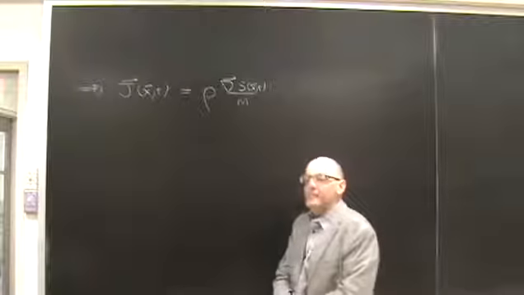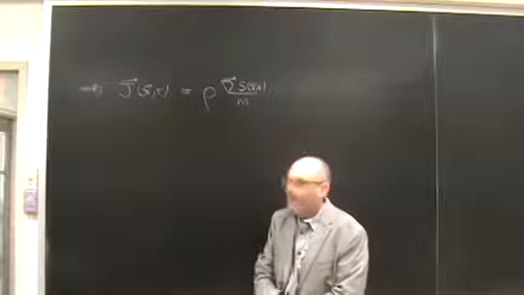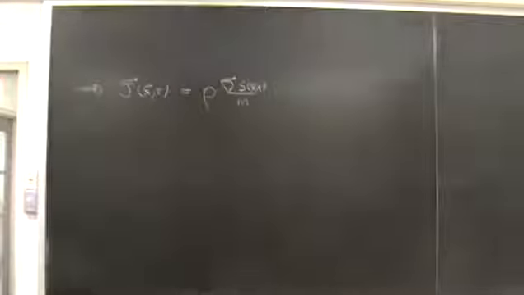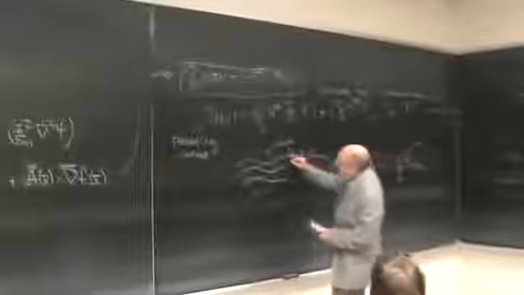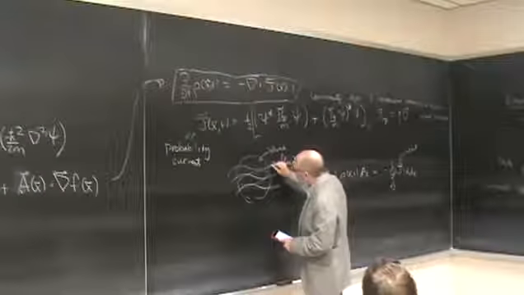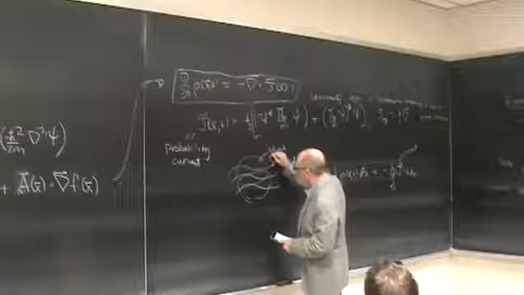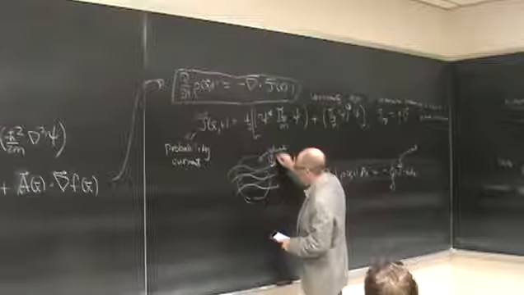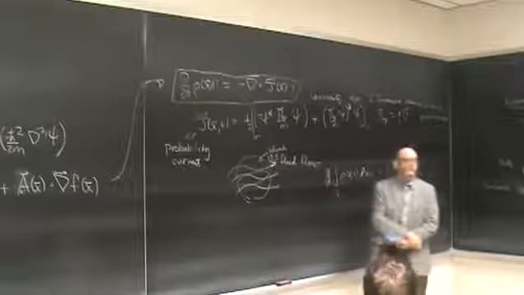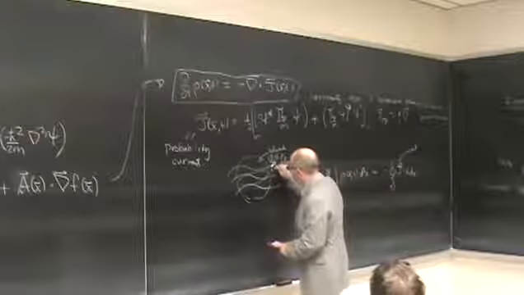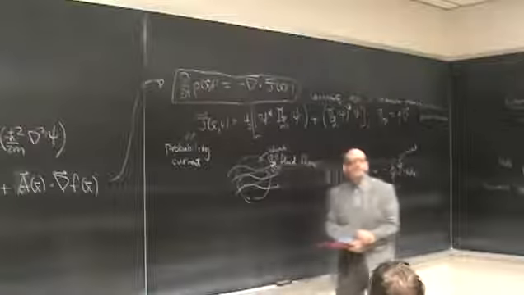Now, if I have a fluid, let's go back to our picture of the fluid. And let's say that right here at this position, the fluid is flowing with some velocity at that position. And suppose the local density right at that position is rho.